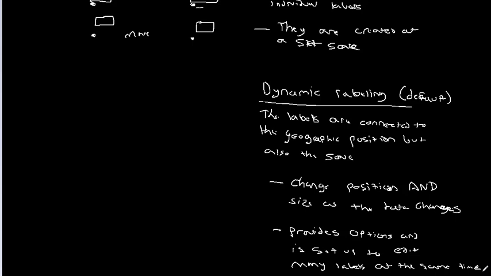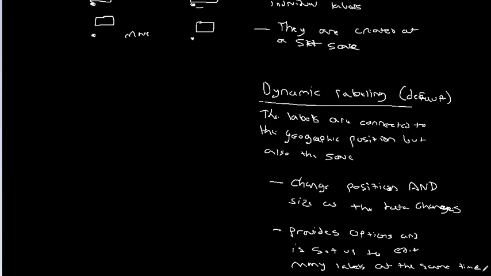And so again, because this is the default, when you turn on label, what dynamic labeling is going to do is it's just going to throw labels onto every feature, unless you specify with a SQL query or some sort of Arcade function. It's just going to throw whatever field you call onto all of the features. So it gives you options to be able to edit the labels of all of the features.